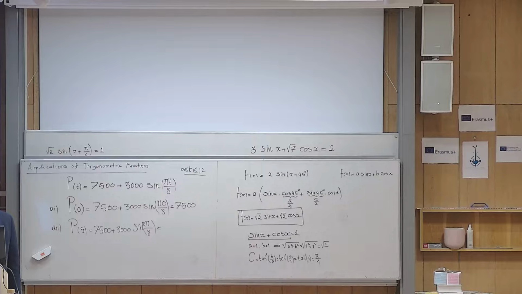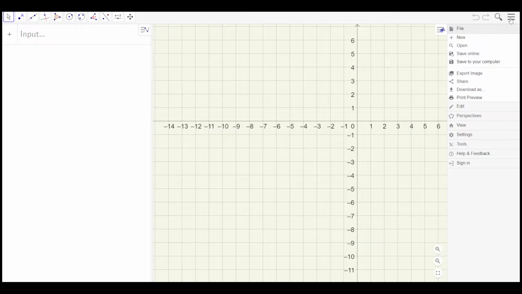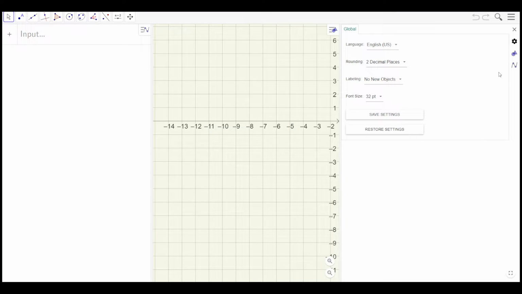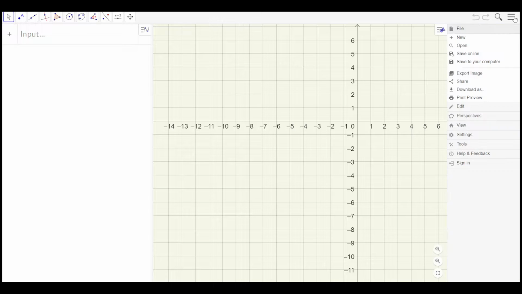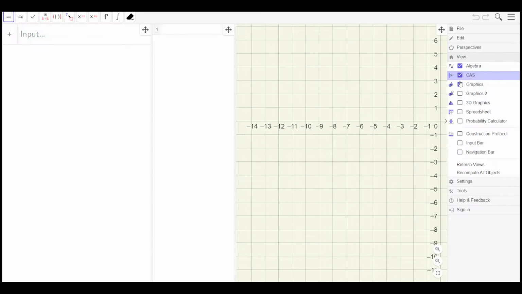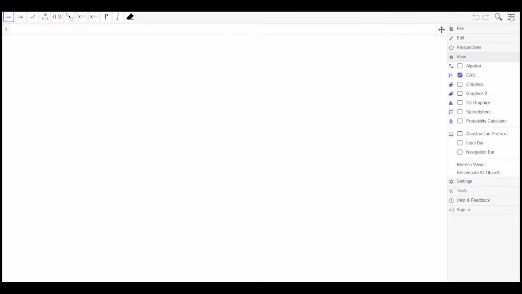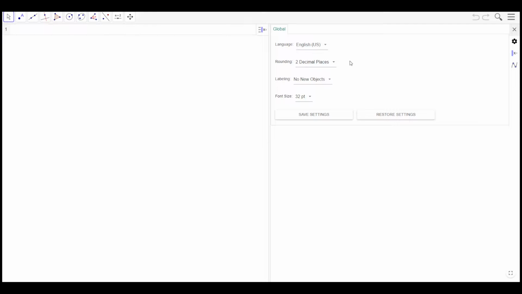So what I do, I think it is better to switch to CAS view here. Sorry, I go to View, and then let us go to CAS view, take these off, and then let me change my setting. I don't want to save it always, so let me make it 0 for the time being.